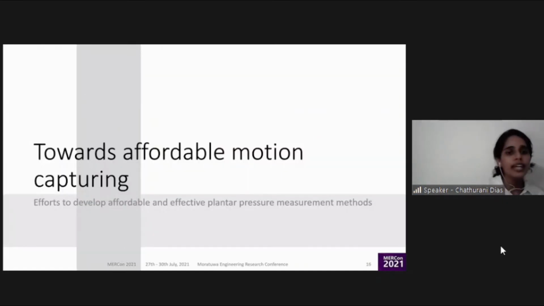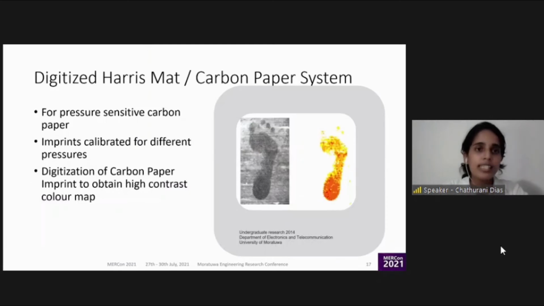So I would like to briefly touch on our efforts to develop affordable motion capturing in this area. This is the digitized Harris mat and carbon paper system that we hope to use to measure the interface pressure of that user study.